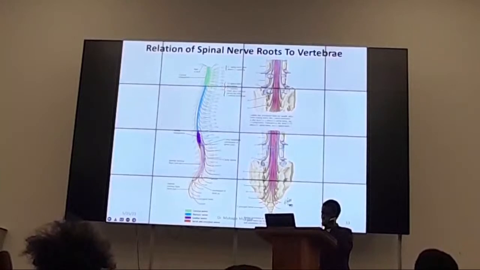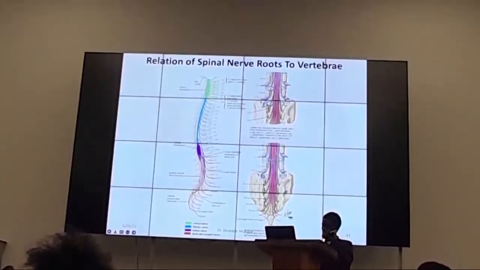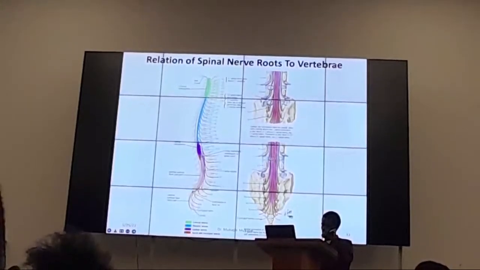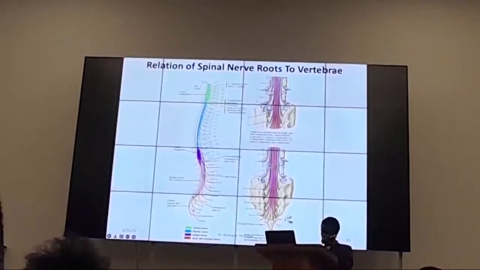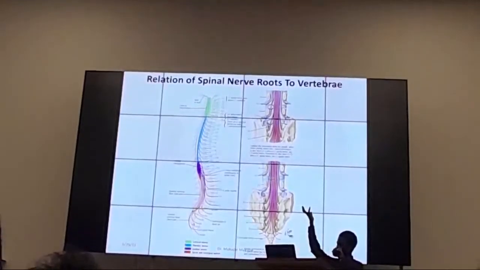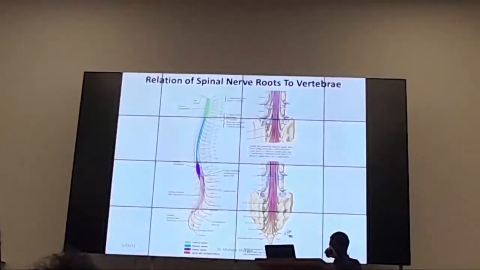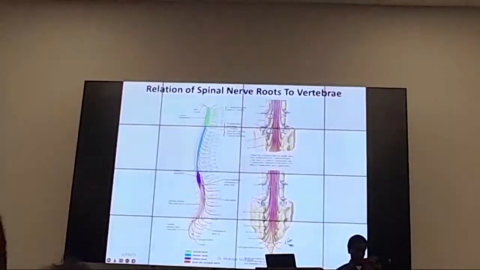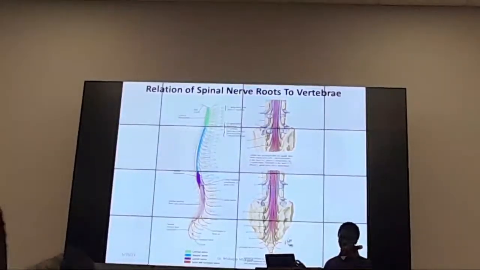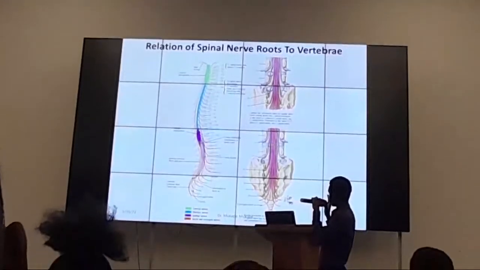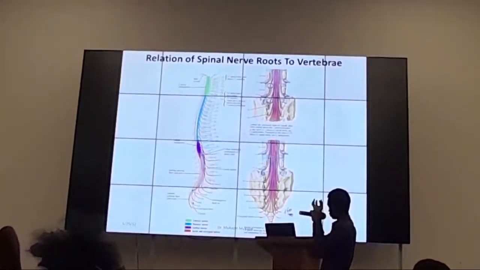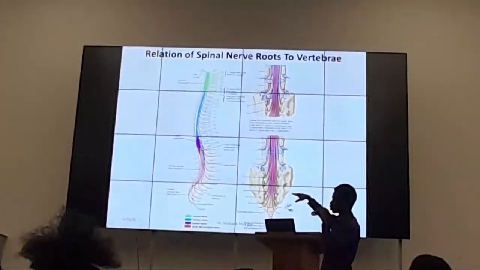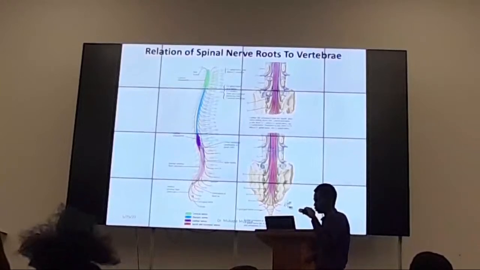It's because these nerves originally came out from lower down, when the spinal cord was of equal length with the vertebral column. So the cord has been left behind, but the nerves still exit at the original sites where they were exiting initially. It's like the spinal cord has been pulled up, but the spinal nerves are exiting at the original sites where they are supposed to exit the body.